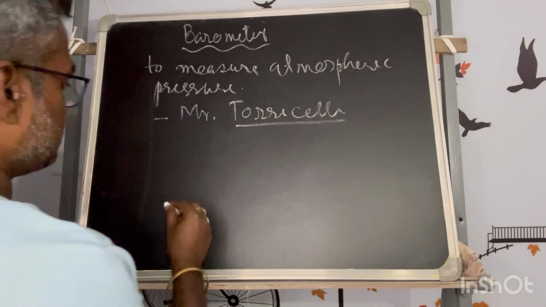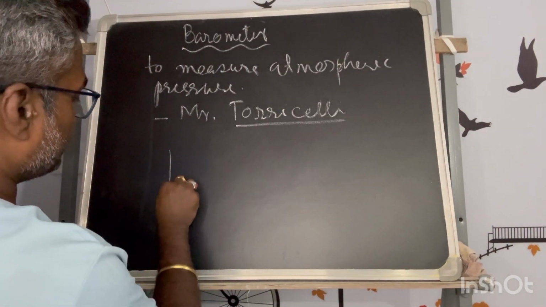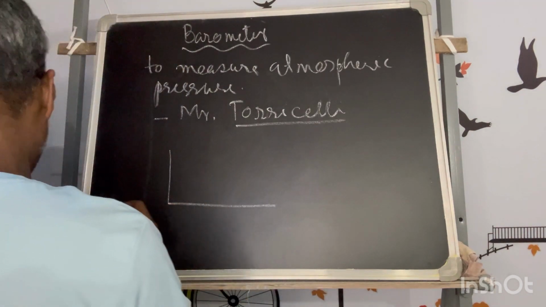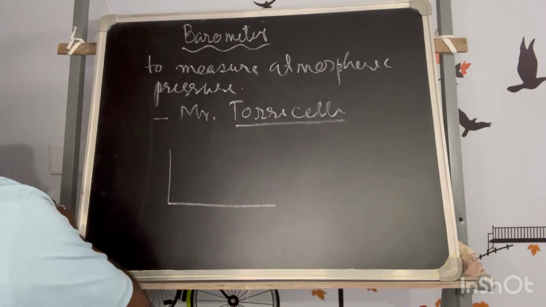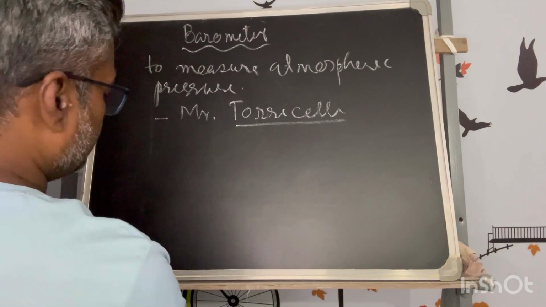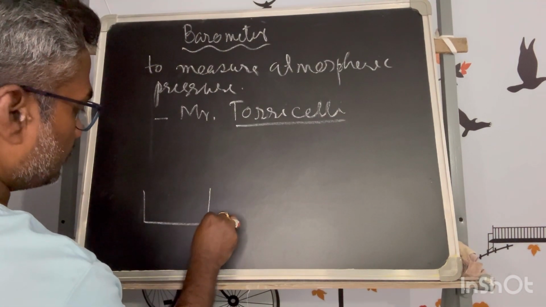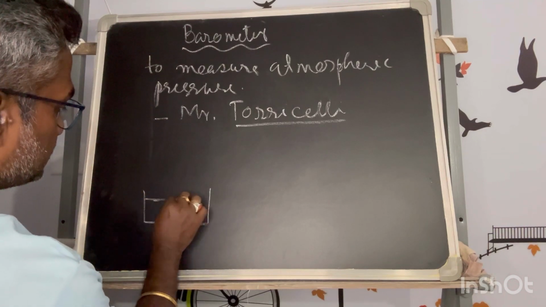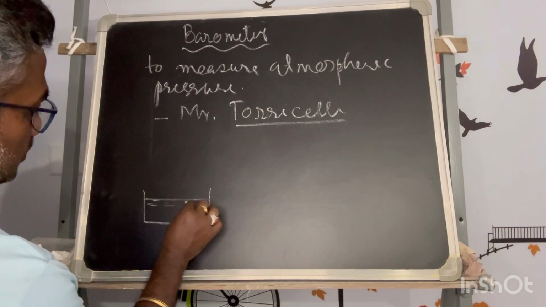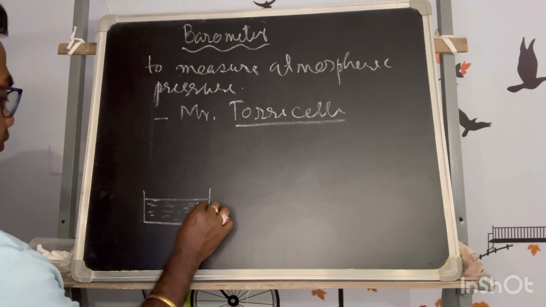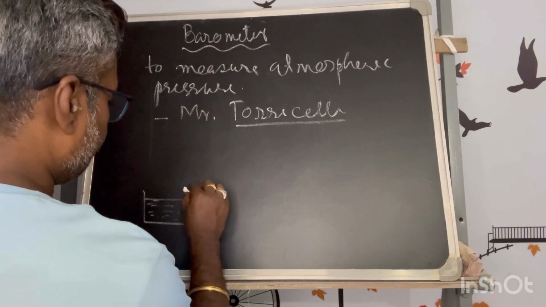What he did is a very simple arrangement, but a very effective one. He took a container filled with mercury. He purposefully took this liquid, mercury.